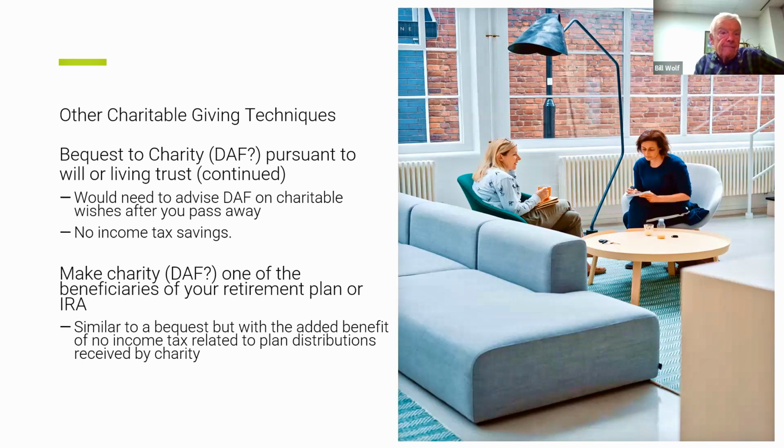So if you have a $5 million IRA and you're going to pull X amount out of it for the rest of your life, and at your death, you're planning to leave the balance to your children, well, maybe it's smart to leave some of that to charity by naming the charity as a beneficiary of your retirement plan, in addition to your kids.